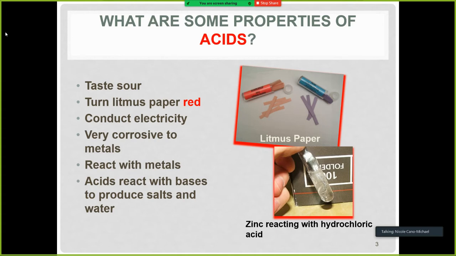The reason we use acids in batteries is because they're really good at conducting electricity. Acids are also extremely corrosive to metals. If you get an acid on a metal, it's going to rust and break down that metal very quickly.